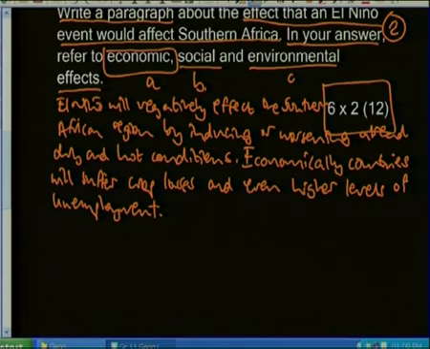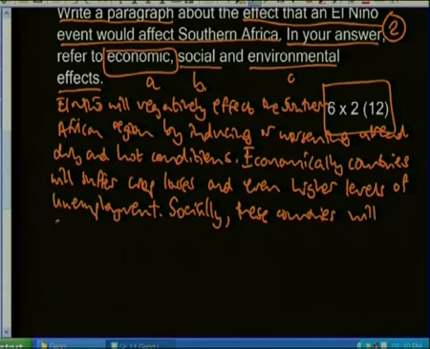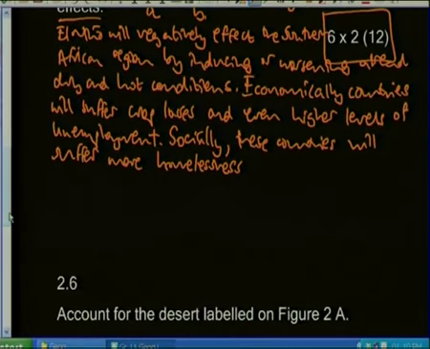Right? Socially speaking, we can talk about issues like socially, these countries will suffer more homelessness. People will lose their jobs. They'll have to move to the cities. They'll have to go and try and find a job in the urban areas, and you can have all sorts of issues there.